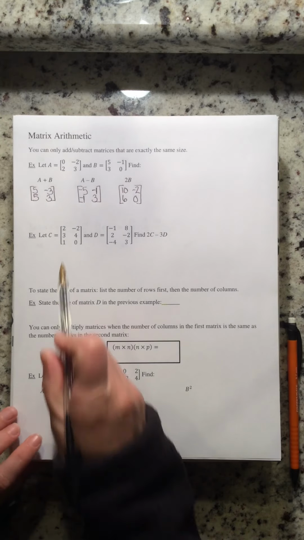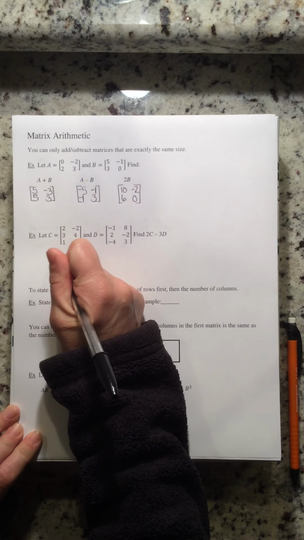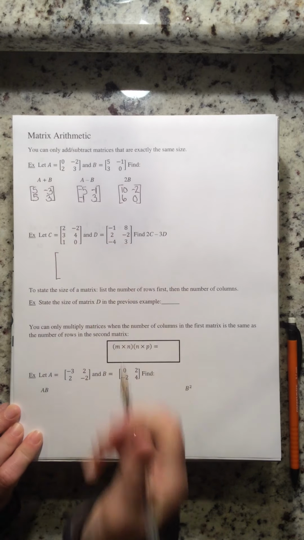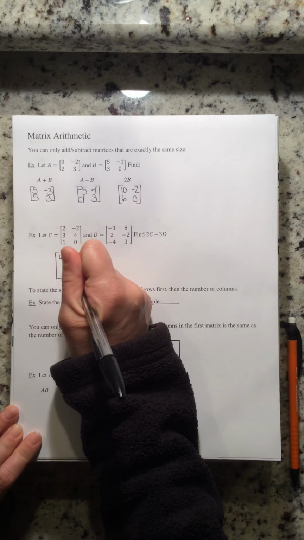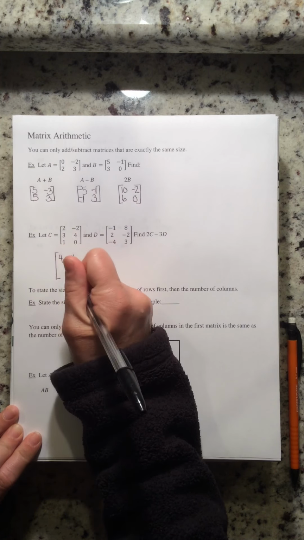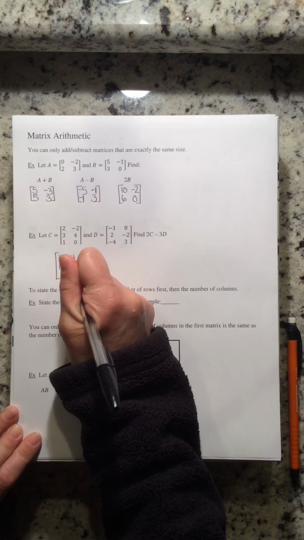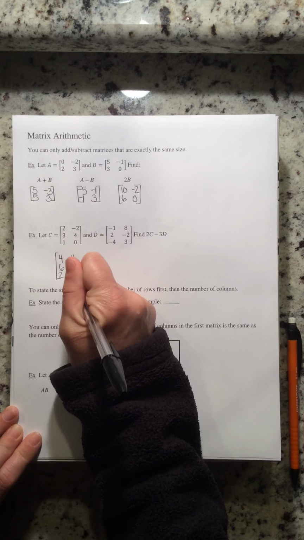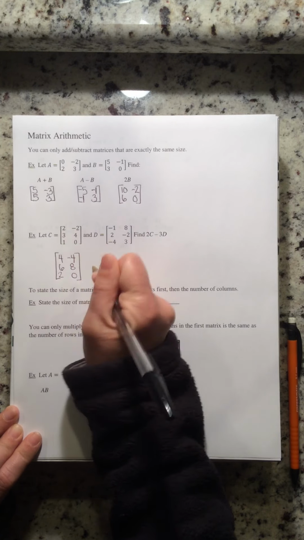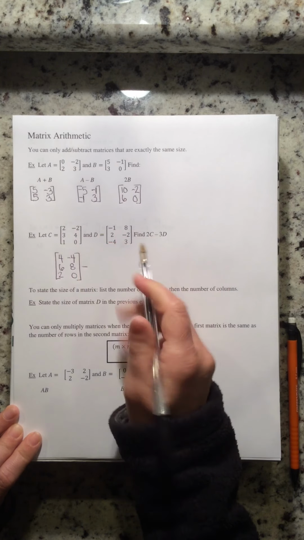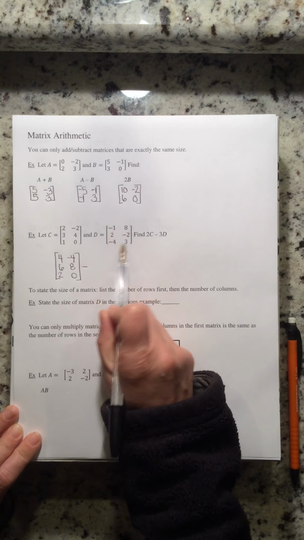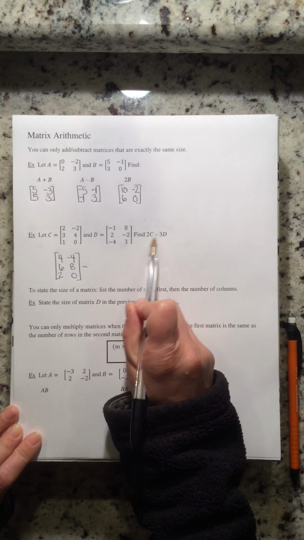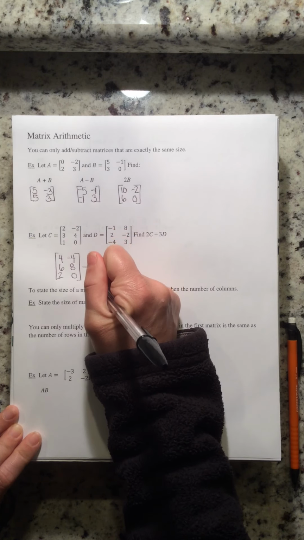Okay, 2 times C, we're just going to take matrix C and multiply all of the entries by 2 to get 4, -4, 6, 8, 2, and 0. I'm going to put up my subtraction sign, and because I'm copying that subtraction sign, I'm not multiplying by -3, I'm just multiplying by a +3.